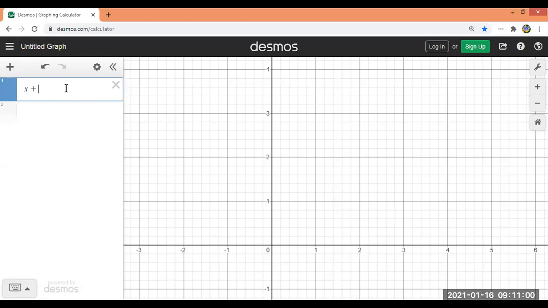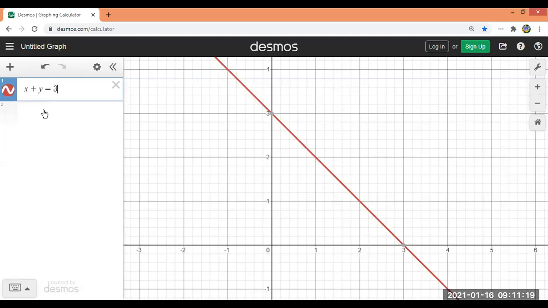If you enter an equation like x plus y equals 3, it will give you a nice graph of that equation. And do you see, this forms a straight line. So the graph of every linear equation is always a straight line.